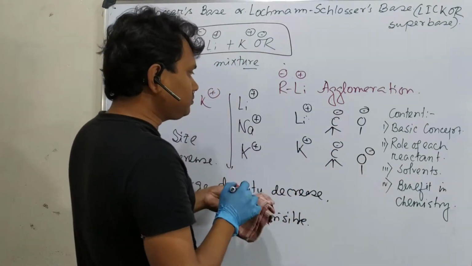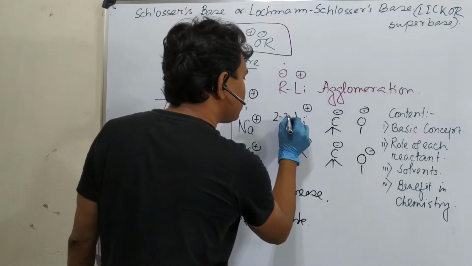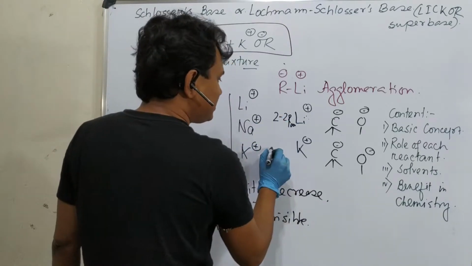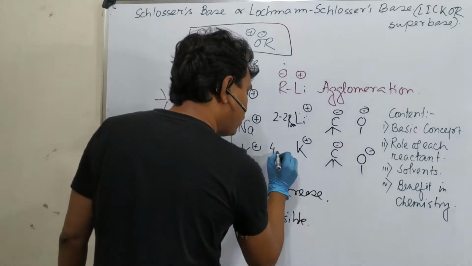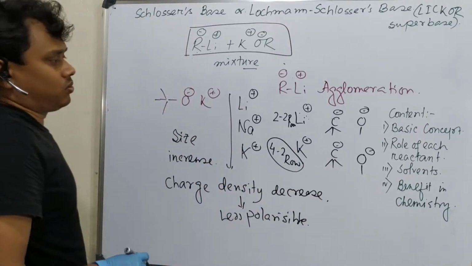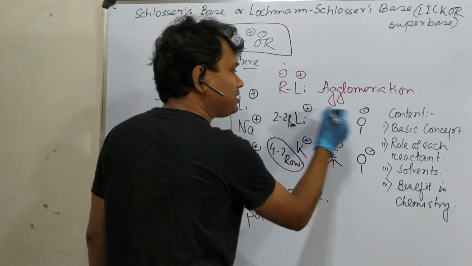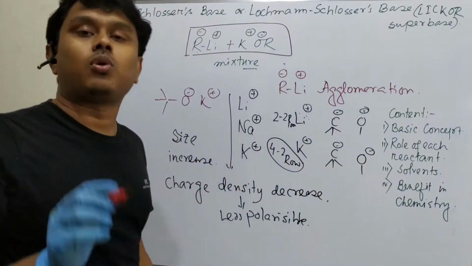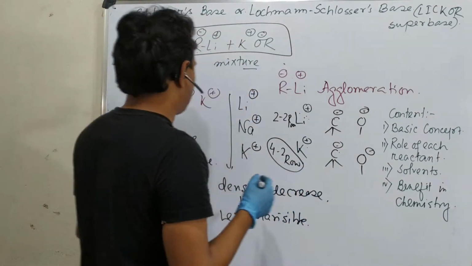Because this is second row, matching second row. Here it is second and third or fourth row, so the second row matching is lost. So the overlap between lithium plus and this is more. That is the background concept of why this happens. But here it is less.